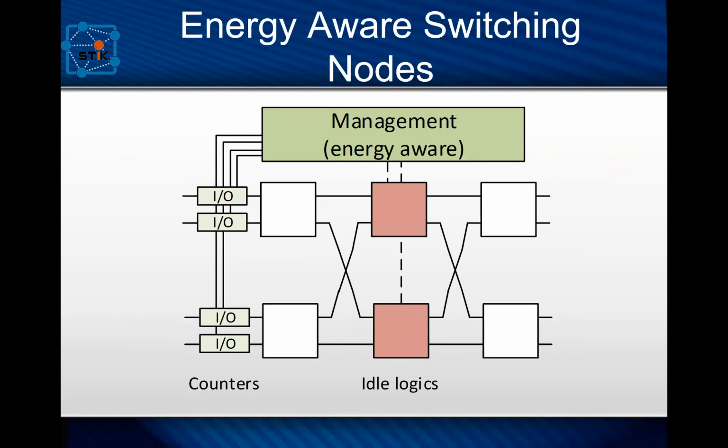To reduce electrical energy consumption in switching nodes and consequently in the closed fabric, existing solutions already implemented in devices can be utilized. I'm referring to the mechanisms implemented in the control plane that allow monitoring the current traffic intensity offered at the inputs of switching nodes.